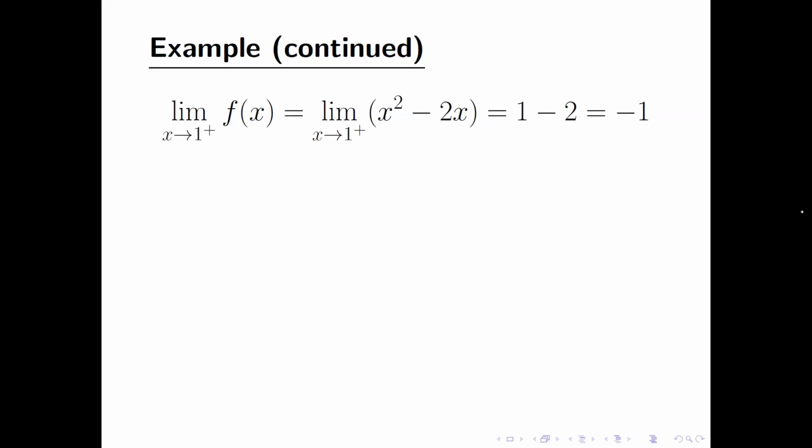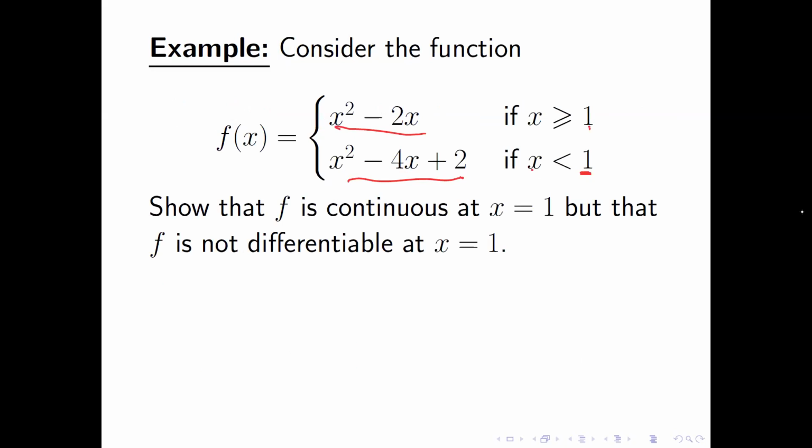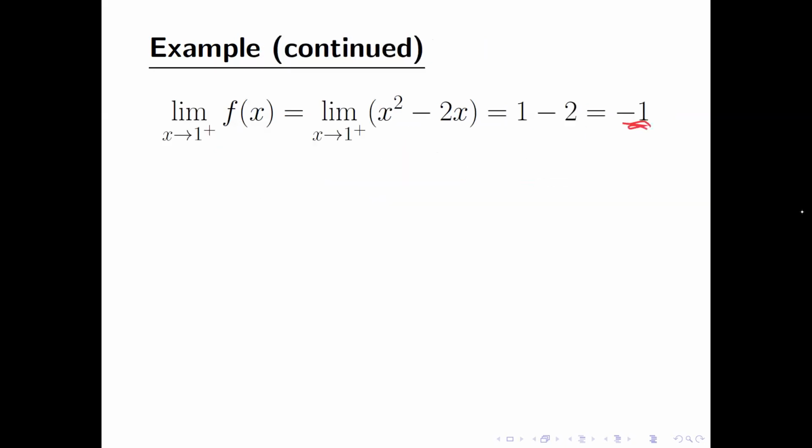So on the right-hand side, we get -1 again, because on the right-hand side, the function that we are going to consider is this one, where x is greater than or equal to 1. So we are going to consider that function, and at the end of the day, it is equal to -1.